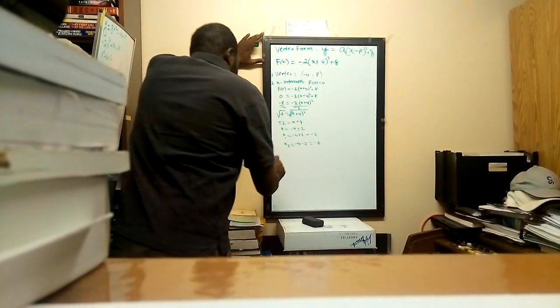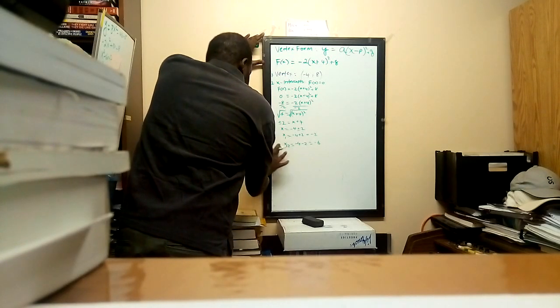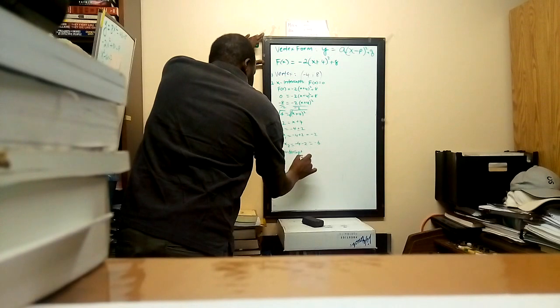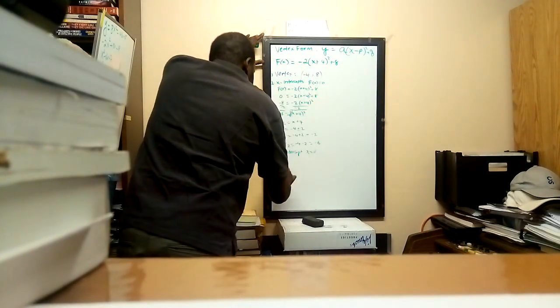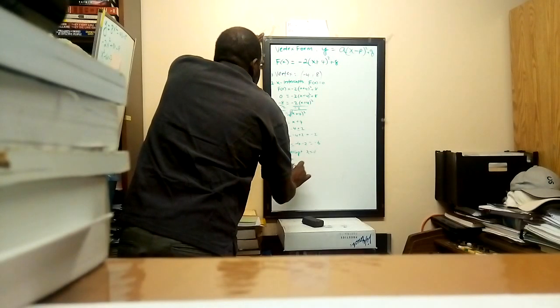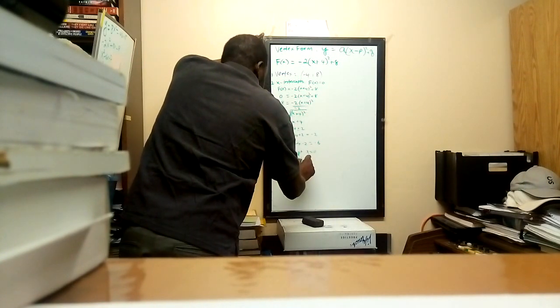Now we solve for the y-intercept, which is number 3, by letting x equal 0. We write down our f of x. F of x equal -2 (x plus 4) squared plus 8, with x equal 0.